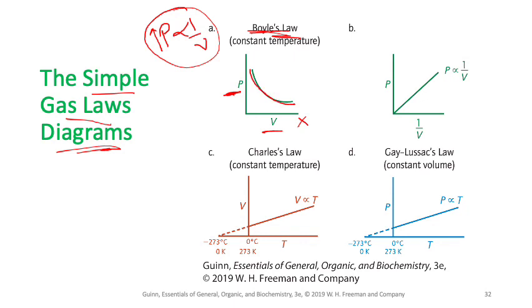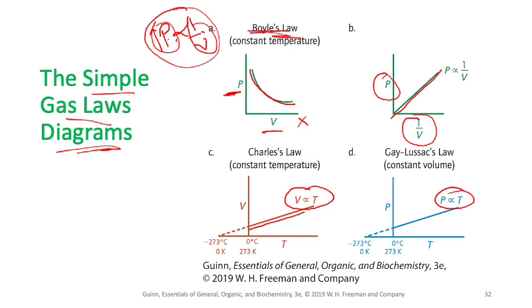But if you make a graph between pressure and 1 by V, which is directly related, then you get a straight line, right? Similarly, Charles's law says volume is directly proportional to the temperature. That means if volume increases, temperature increases, right? So it's also a straight line. And Gay-Lussac's law, again, pressure is directly proportional to temperature, pressure increases, temperature increases, again a straight line between pressure and temperature, right? So this is how you can make a graph.